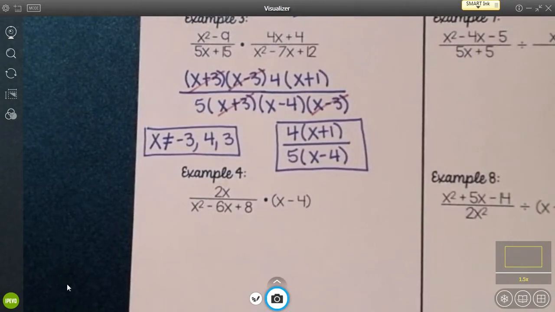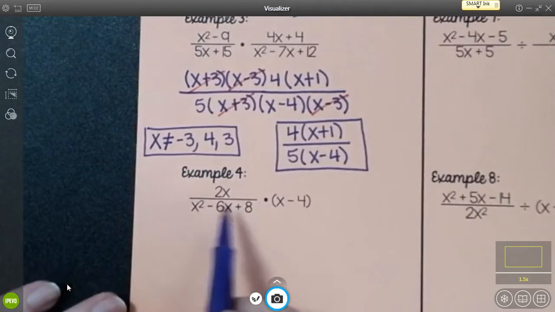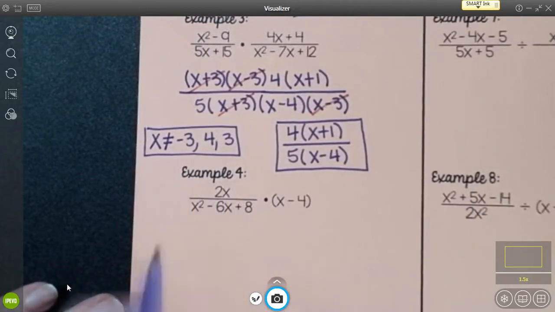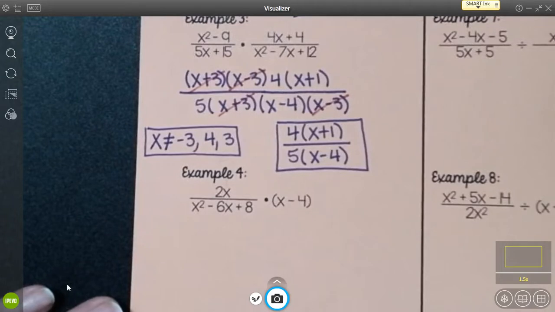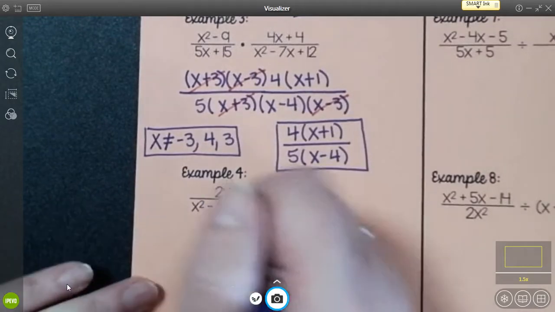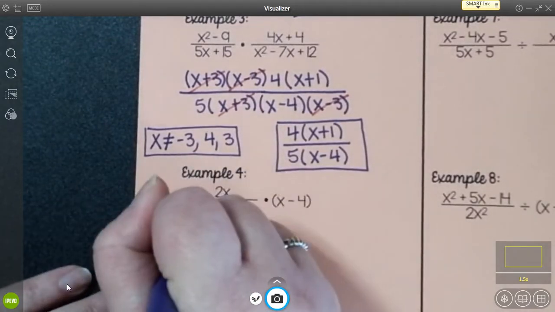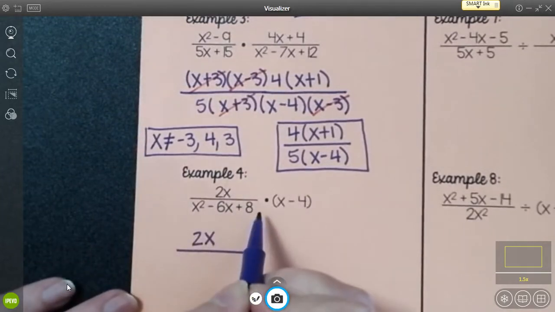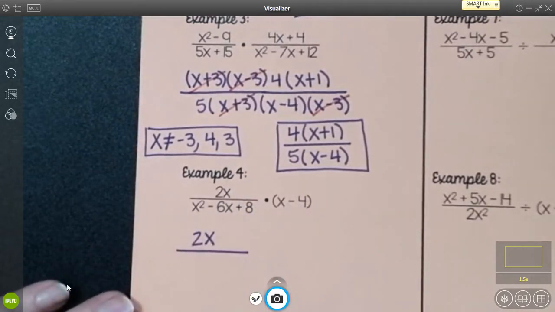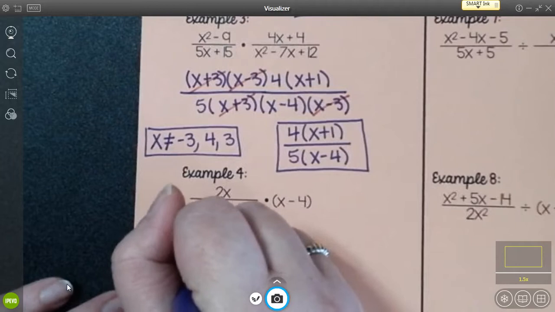Last one, then we're done. Okay, upper left, 2x. What do we do there? Don't do anything, it's just 2x. Lower left, x squared minus 6x plus 8. Negative 4, negative 2.